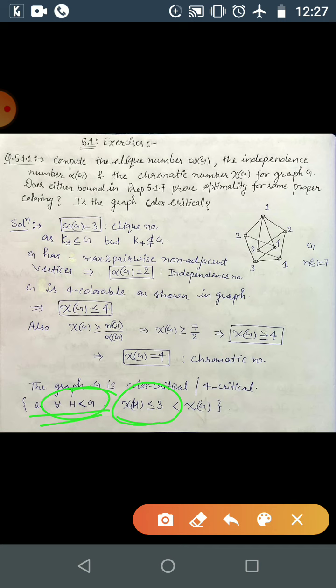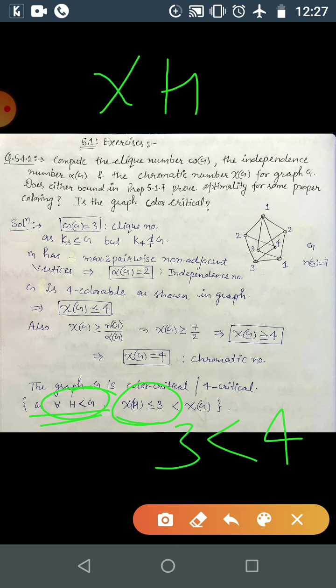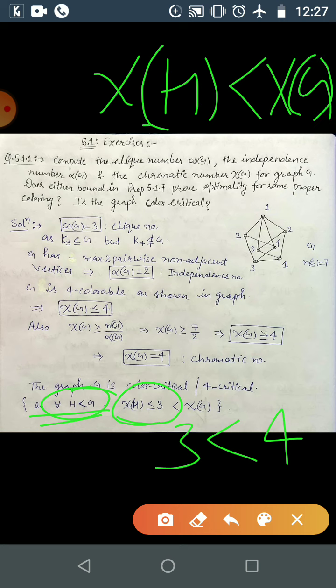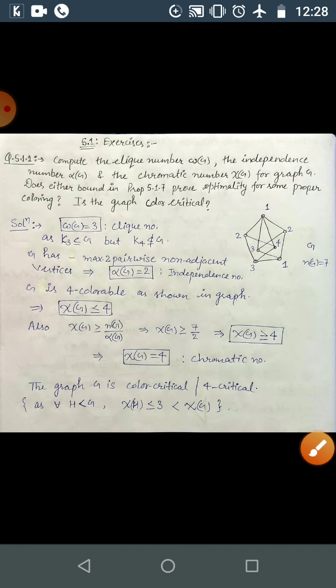It is either 1, 2 or 3. At most it is 3, which is less than 4. So the chromatic number of every proper subgraph is strictly less than the chromatic number of G. That's why this graph is color critical, and specifically 4-critical. I hope you got this one.